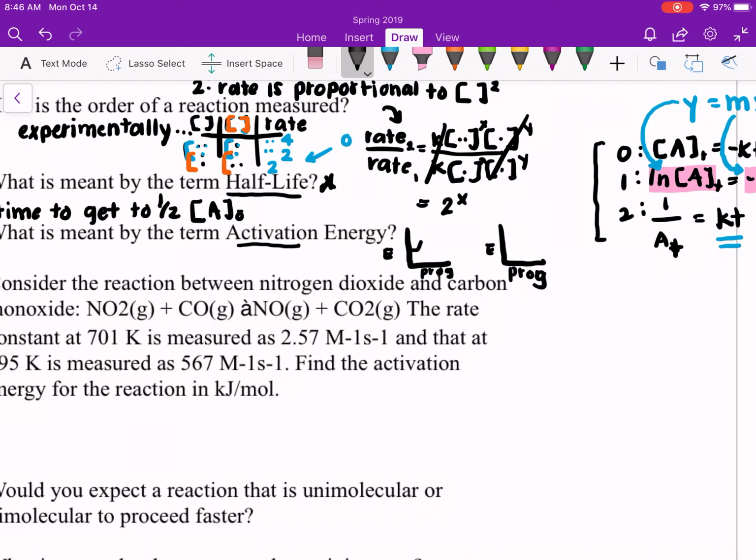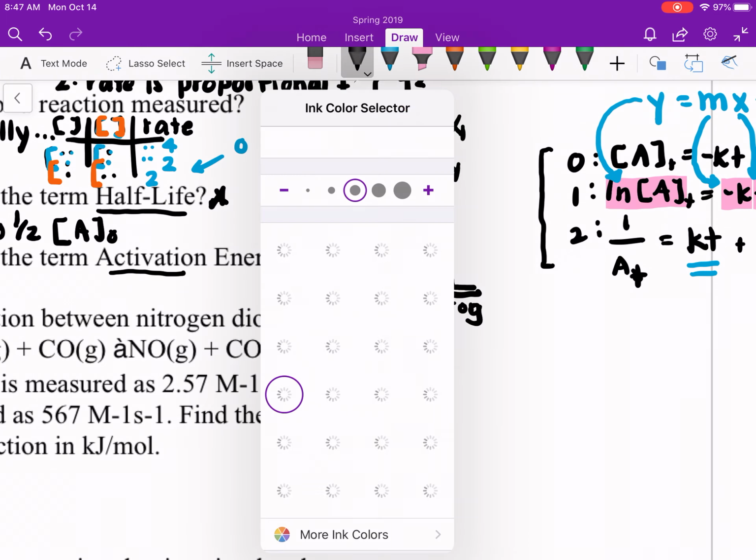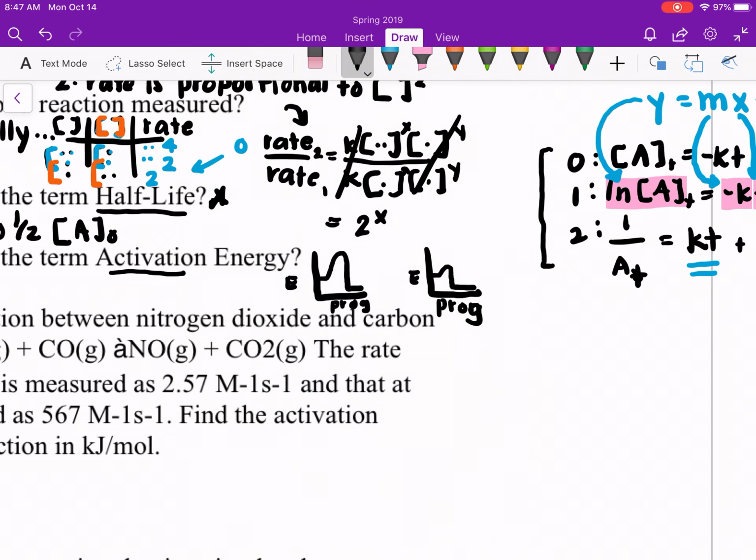The takeaways here are to be able to analyze and understand what's happening. Let me make this smaller. This right here is going to be my activation energy. Once I reach this threshold, then the reaction for sure is going to happen.